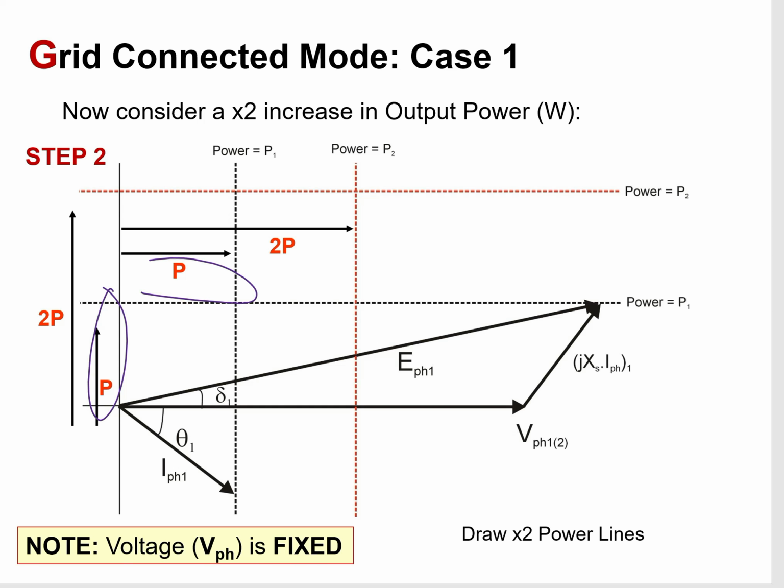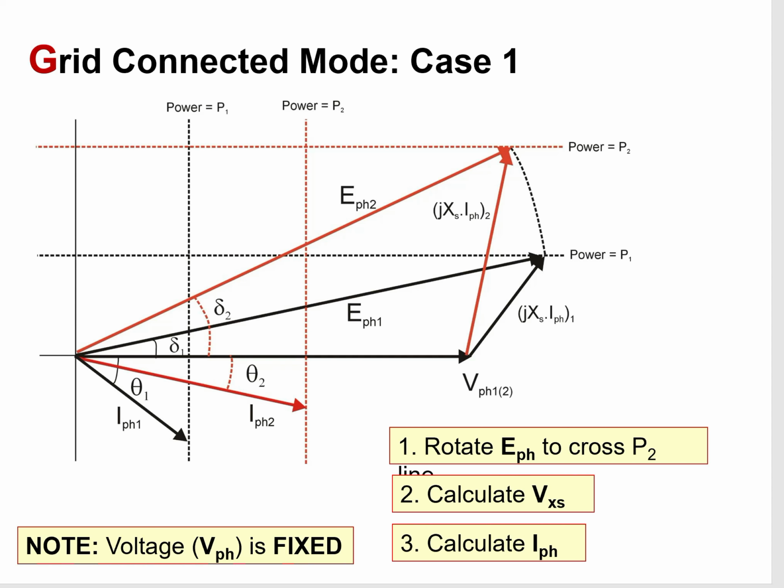Now we want to double P. So we extend this to double. You can use a ruler to do that. We do that horizontally and we do that vertically. Why are we doing this? Because we want to know what is the new change in the phasor diagram. Next, once we have the second power, this is the vertical new line for the doubled power, and this is the new horizontal line for the doubled power.